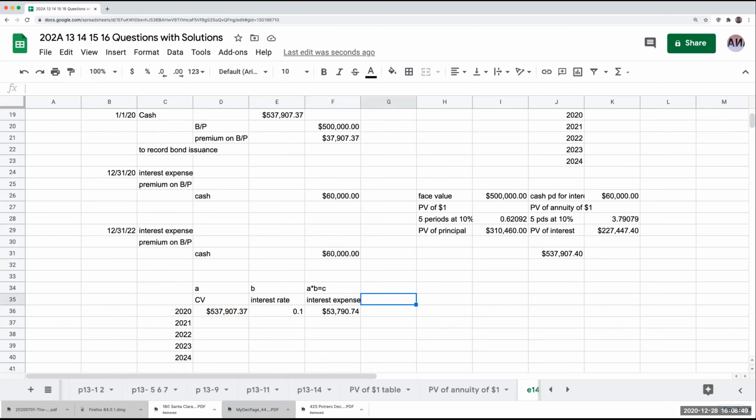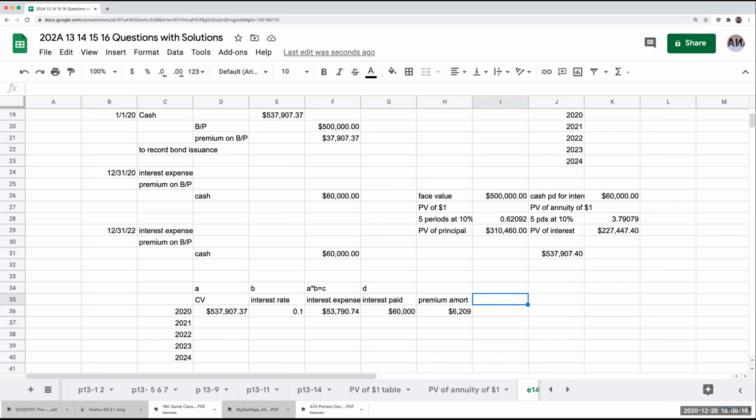So my interest expense is going to be $53,790.74. I'm then going to compare this to my interest payment. My interest paid is $60,000. The difference is going to be my premium amortization, which is $6,209.